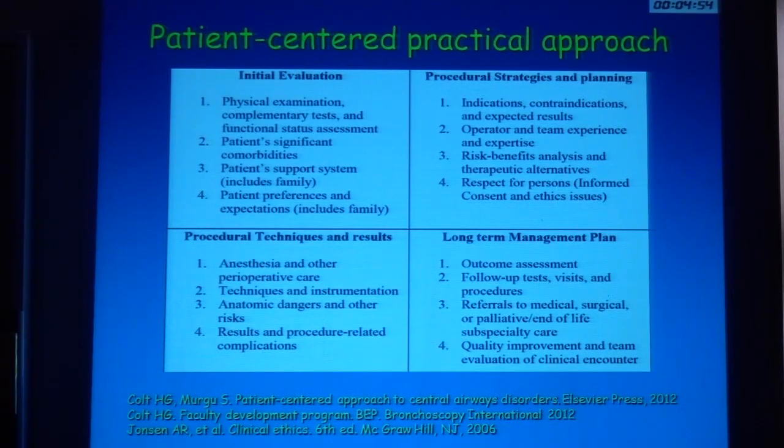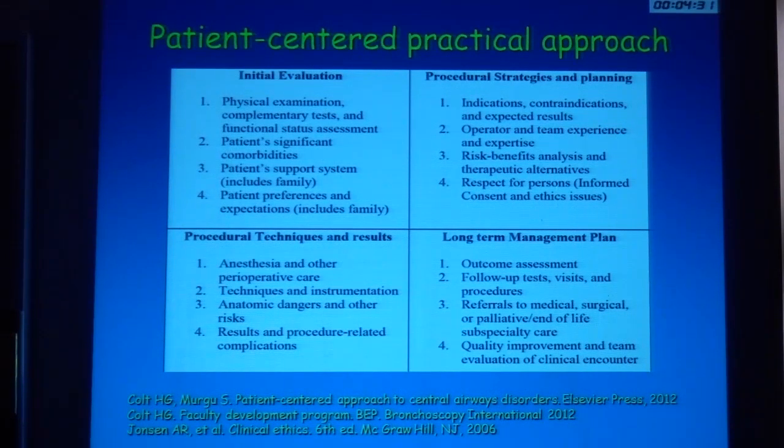And the third box, now we are coming to the procedure. Procedural techniques and results. Anesthesia, other perioperative care, techniques and instrumentation, anatomic dangers and other risks. Anatomy is very important. You have to know the anatomy, relationships of the organs with the lung, airways, vessels.